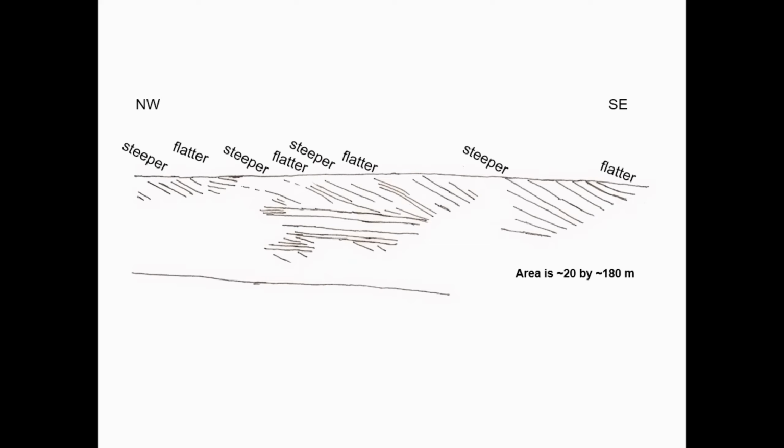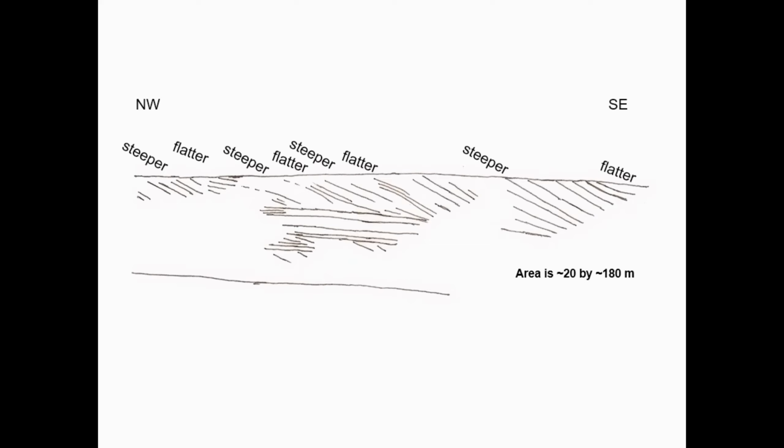This looks like the kind of sequence where you get packages which are separated by what are sometimes called reactivation surfaces, where the slope has accreted forward from left to right, and then it's slightly eroded back and slightly flattened off by either opposing currents or a different current regime, and then the bank or the bar margin or whatever it is advanced a little bit and then got eroded back, and then advanced and got eroded back.